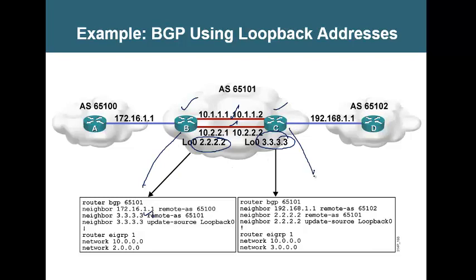But we need to source it with the loopback interface. So we say update source: whenever you speak to 3.3.3.3, use loopback 0, so that the source address will not be 10.1.1 or 10.1.2. It will be only 2.2.2.2 and 3.3.3.3. Any question?